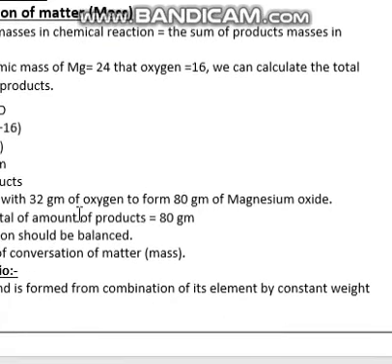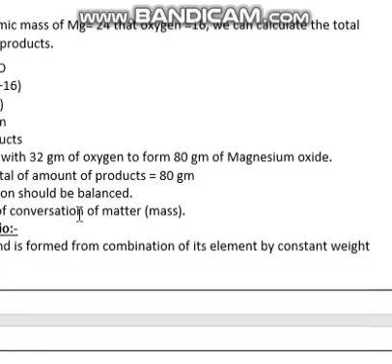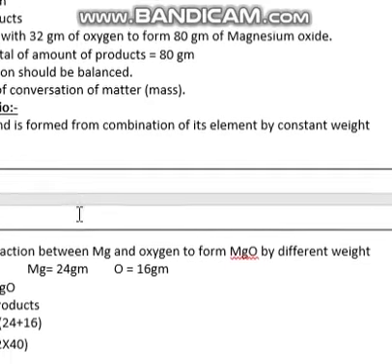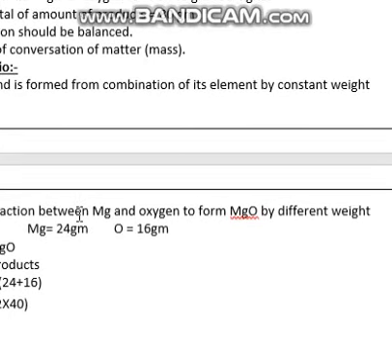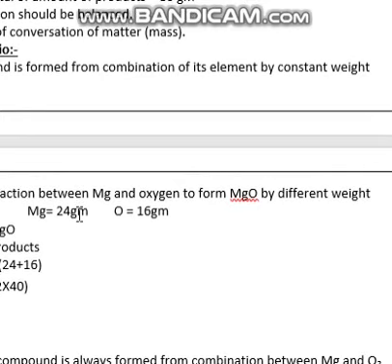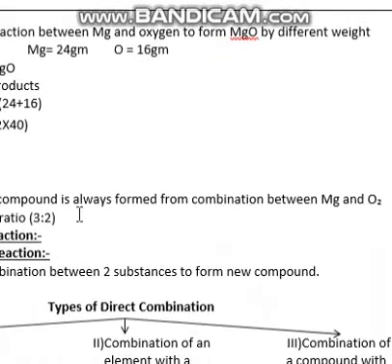Another law is the law of constant ratio. The law of constant ratio says that a chemical compound is formed from the combination of its elements by a constant weight ratio. You write the ratio between the magnesium and oxygen and solve this problem by achieving the law of constant ratio. During the chemical reaction between magnesium and oxygen to form magnesium oxide, magnesium is equal 24, oxygen equal 16.